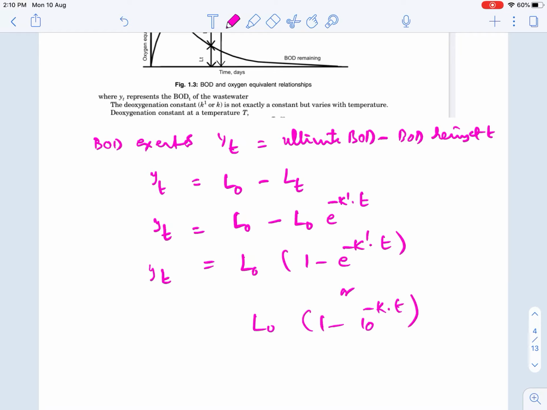Here Yt represents the BOD t, or BOD exerted in time t. Whenever you say 5-day BOD, 6-day BOD, etc., it is BOD exerted.